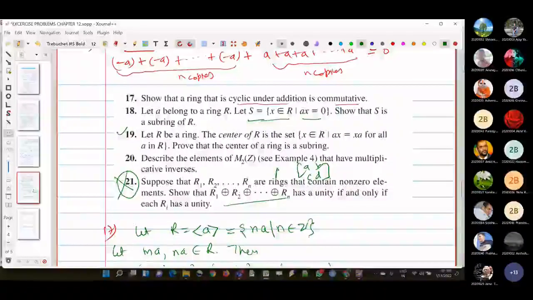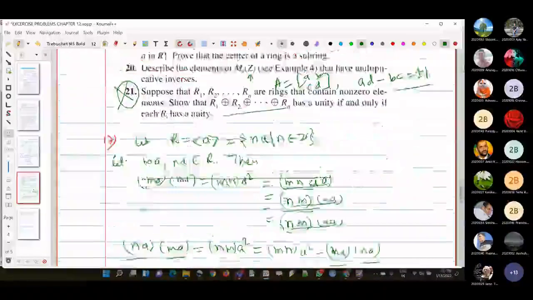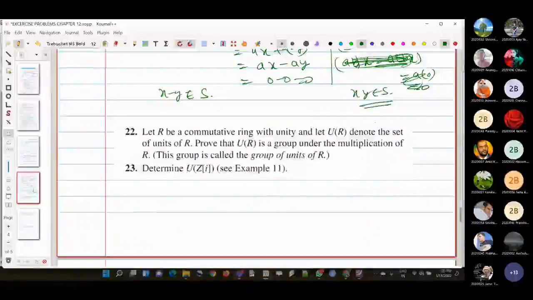So when will its multiplicative inverse exist, beta? Firstly it should be non-singular, but where are these elements from? These elements are from here. So we need to choose them such that ad minus bc is equal to either plus 1 or minus 1. I think we don't have time now.